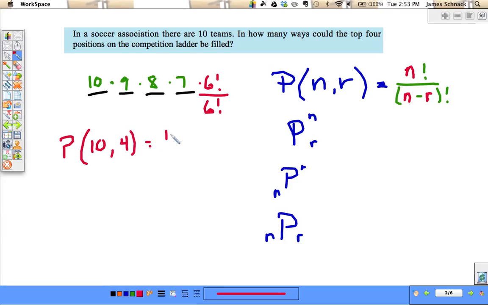That's going to equal 10 factorial over 10 minus 4 factorial, which is what we end up with up here in green. The calculator can do this too. If we go under our menu down to probability, there's some calculations. You'll see this permutations and another thing called combinations, and that's also where you find the factorial key.